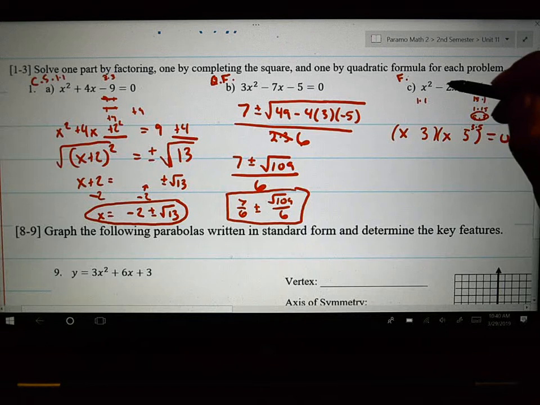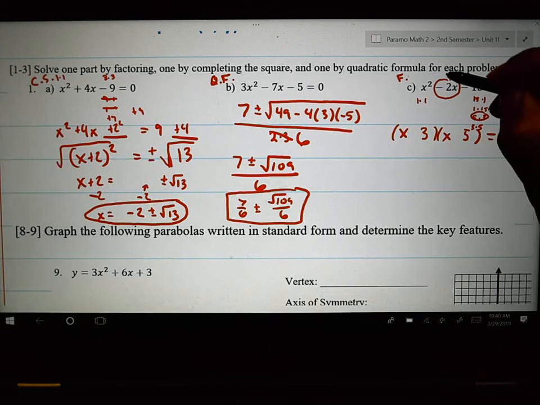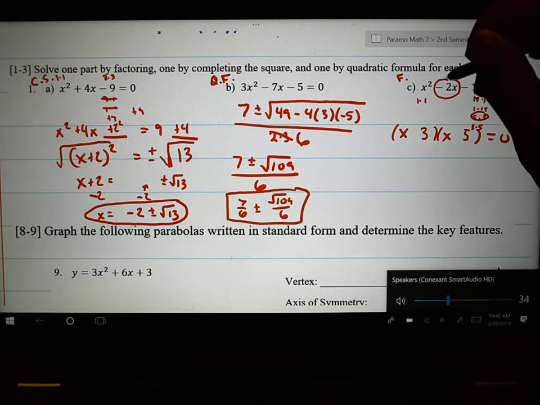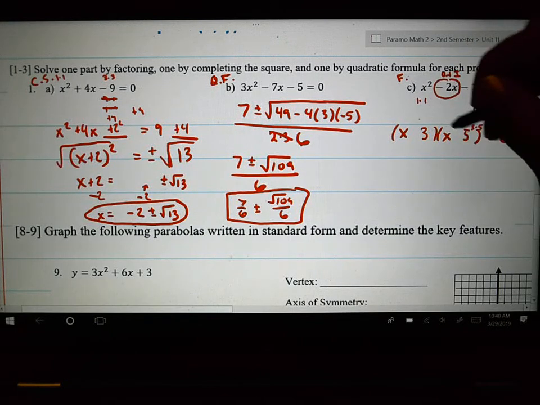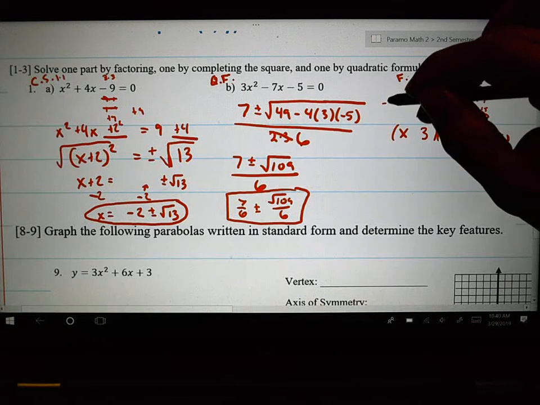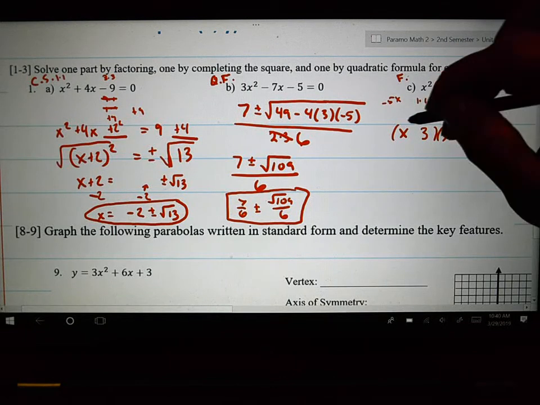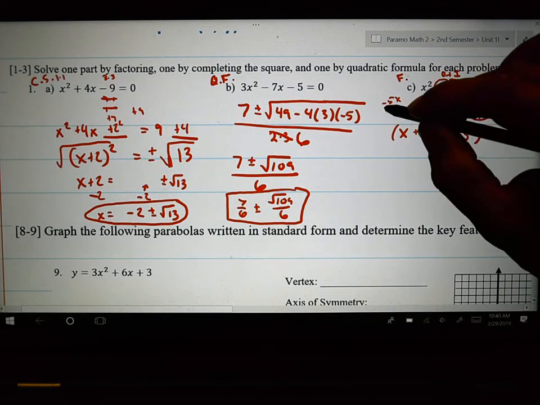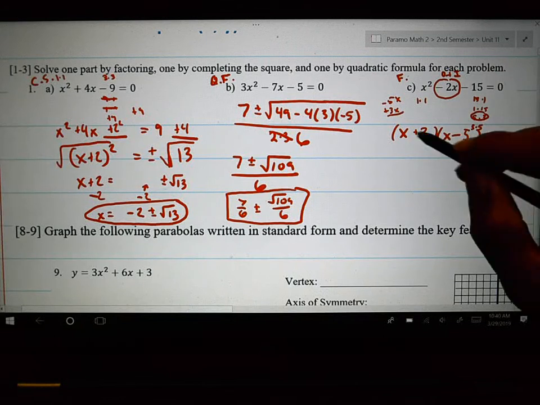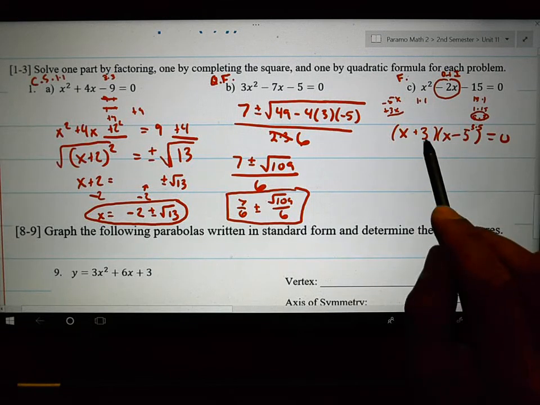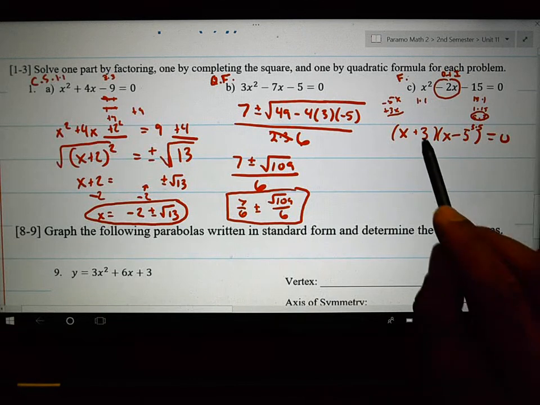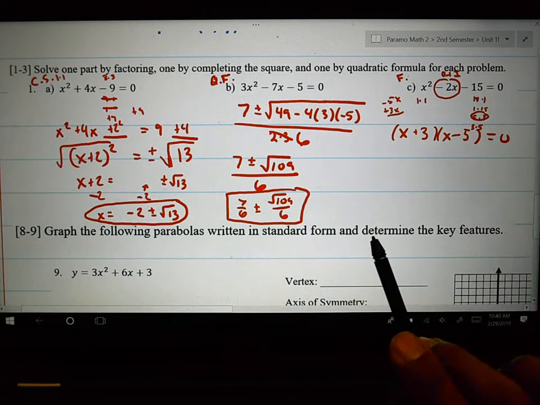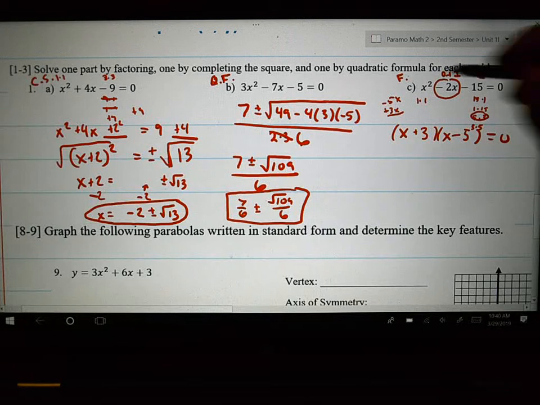Since I want a negative 2x, and this is the O plus the I, I need a negative 5x and a positive 3x. The outside plus the inside should equal the negative 2x. The last times the last needs to equal the last number. Basically doing the opposite of foiling.